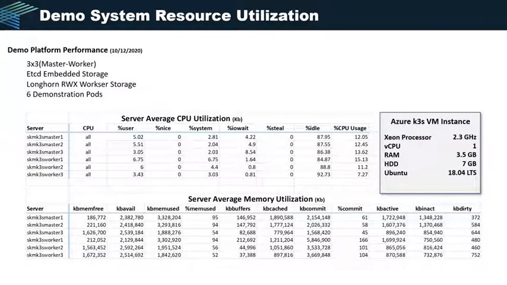I'm using a very low performance Azure VM instance, 2.3 gigahertz Xeon processor. It's only got one vCPU, 3.5 gigs of RAM, just barely enough, and some 7 gigs of HDD. So relatively low performance processor. These numbers would probably get a little bit better if I was running something faster. And in the real world, I would be running something much faster than this.